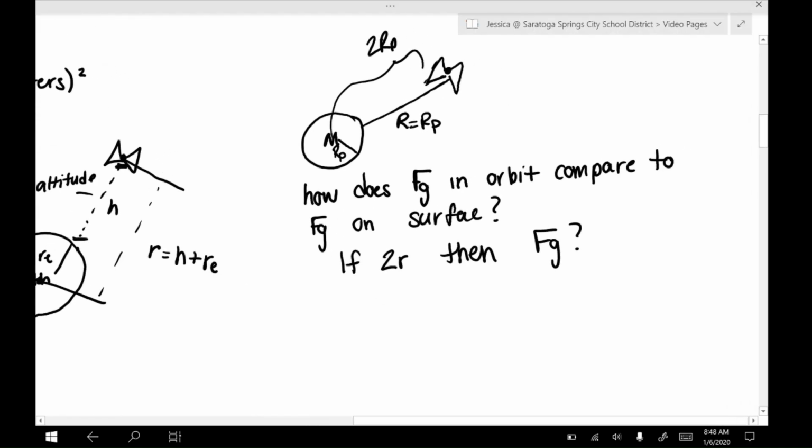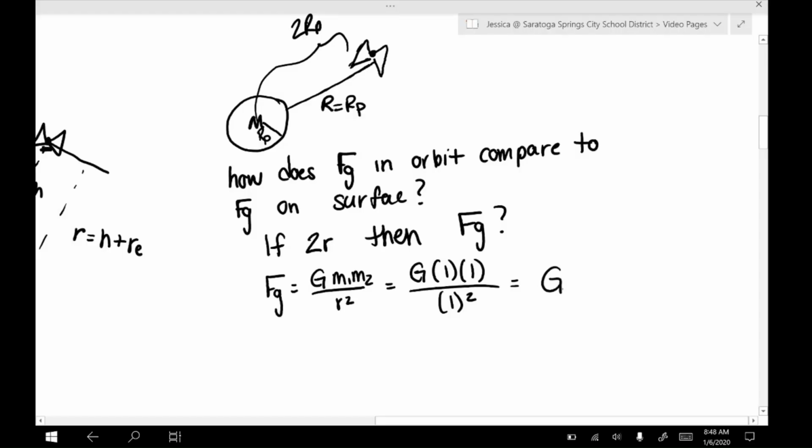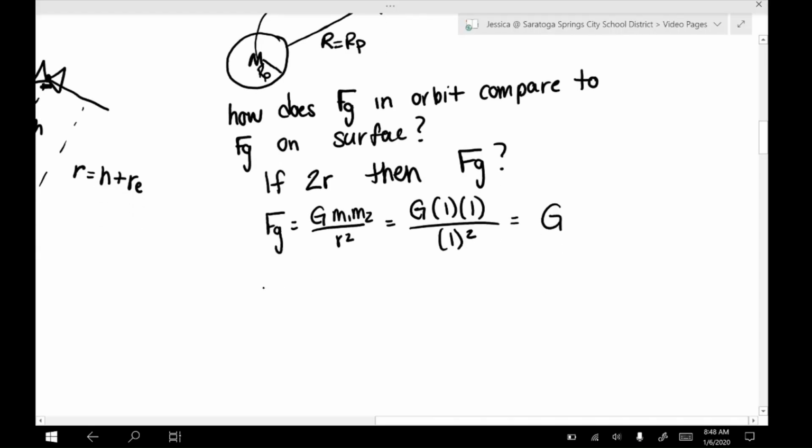Okay. So this is where we might use that whole base case idea. So remember, base case idea says start with the equation and then say everything initially gets a value of 1. I'm going to keep G in terms of G. So mass 1 is 1, mass 2 is 1, and the r is 1. So that means my force of gravity is just based on G. Then do what the question tells you to do.